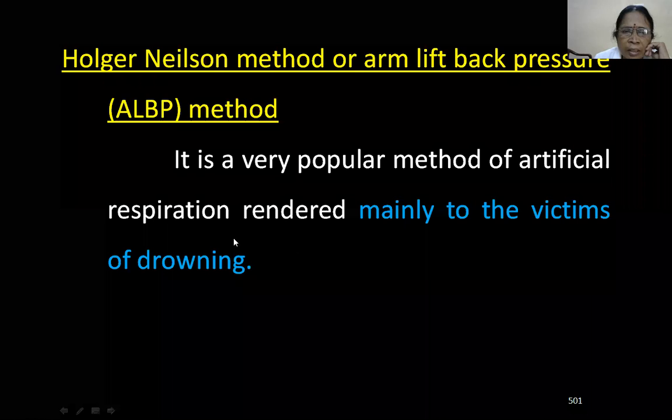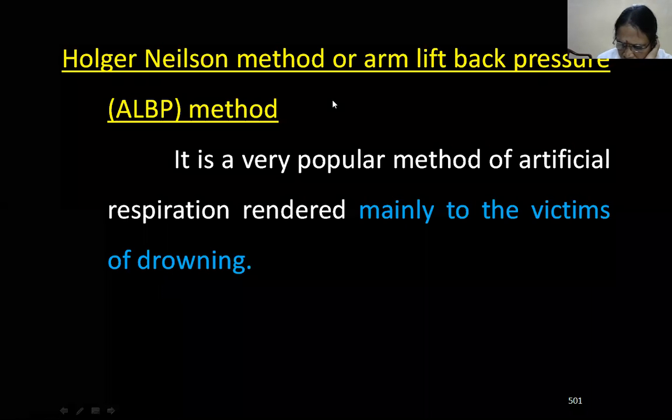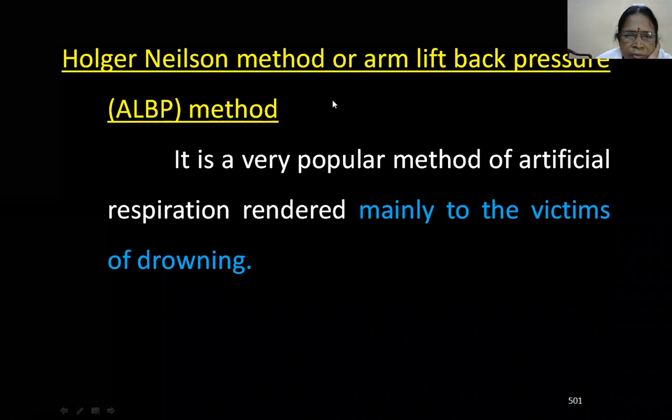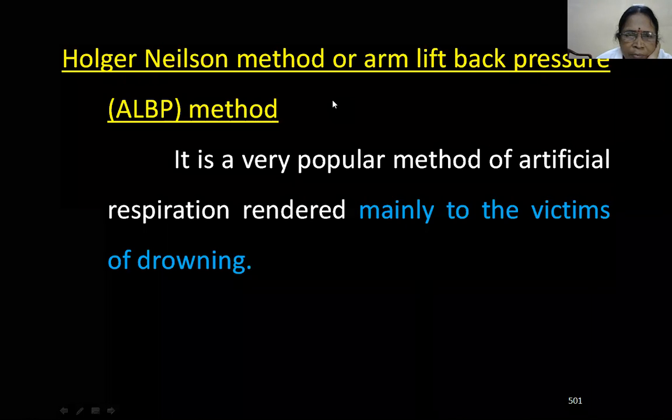If we are able to save the patient in time, his respiration can be restored if these methods are adopted. Practically also, artificial respiration is very important. As a doctor, you can save a life if you are aware of these methods.